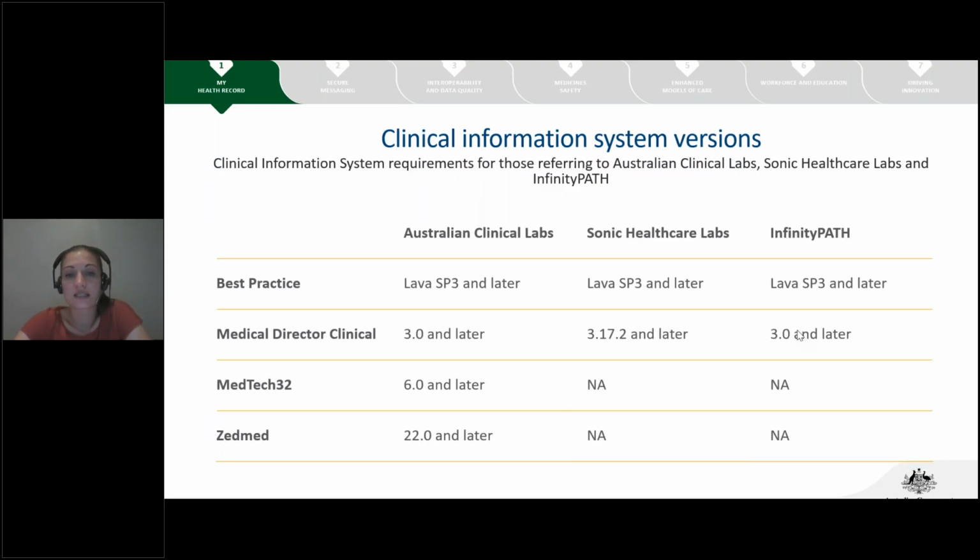Now, as I said, there may be some other requirements depending on the laboratory that you do refer your patients to. So I definitely encourage you to have a look at the list on the My Health Record website, and it goes through all the different pathology providers who have the ability to upload results to My Health Record, and if there are any requirements, then those will be listed.